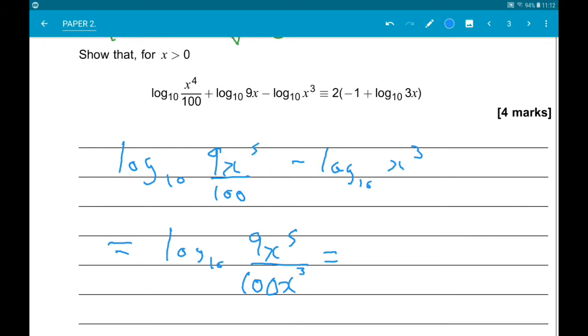So that's log 10 of 9x squared over 100.